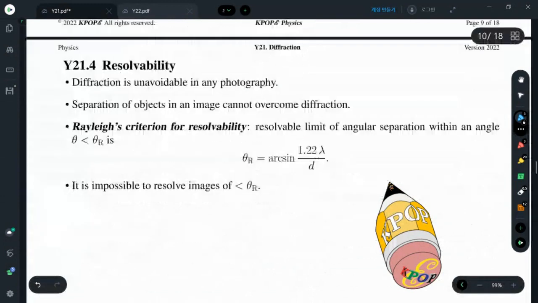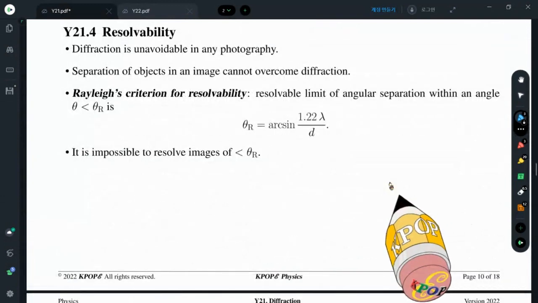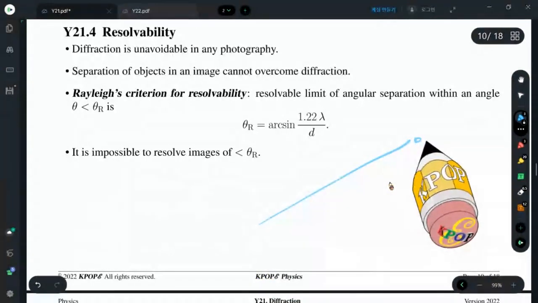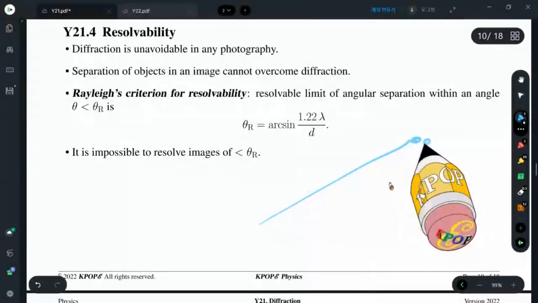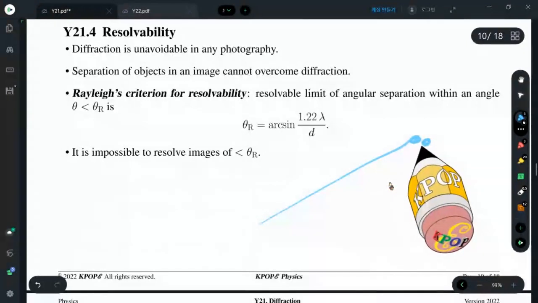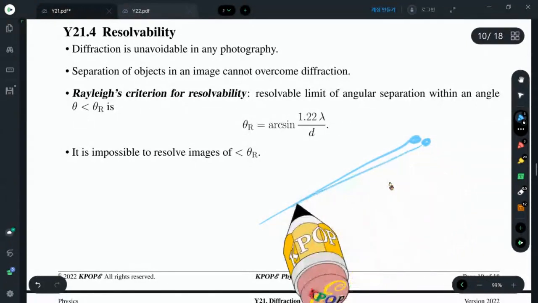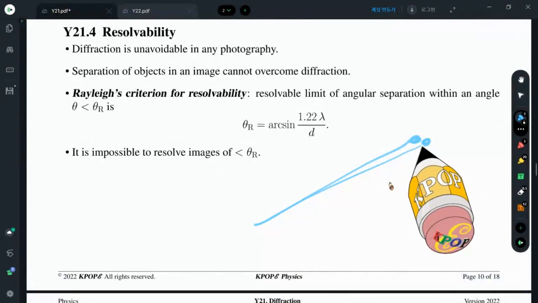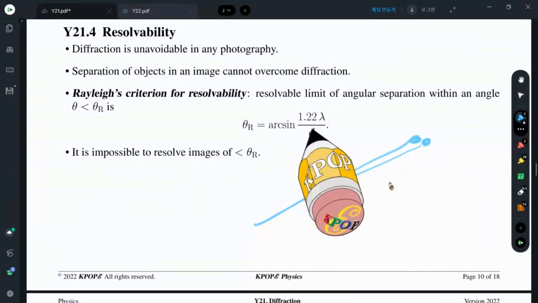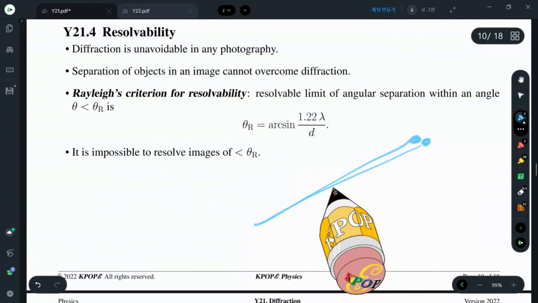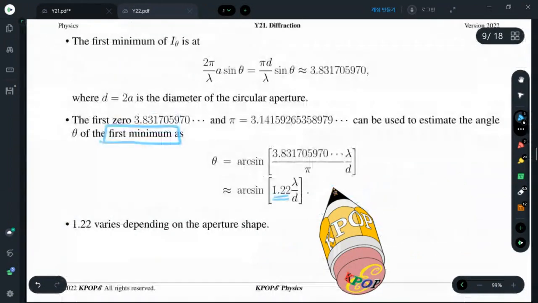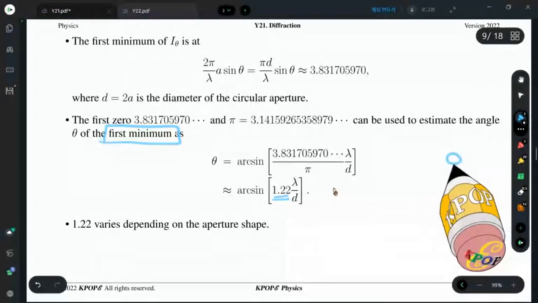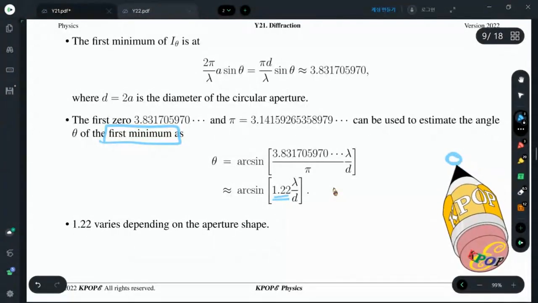Due to diffraction, if you take a picture of something very far away, sometimes you cannot distinguish two distinct objects. That is usually parameterized by the diffraction pattern after passing through a circular aperture.